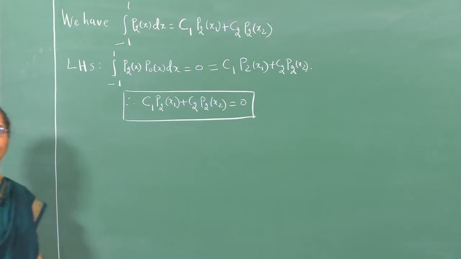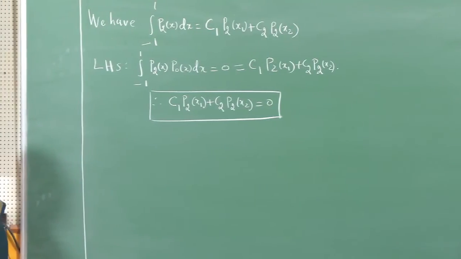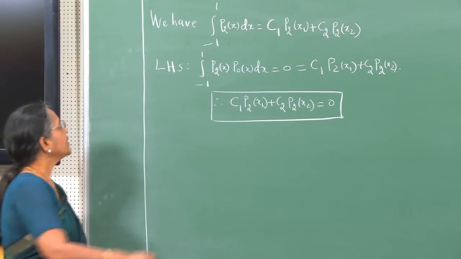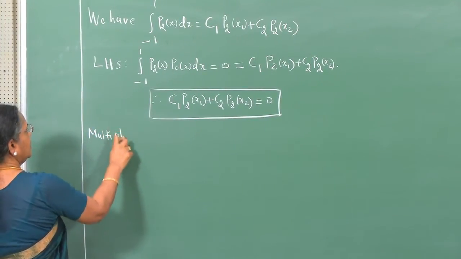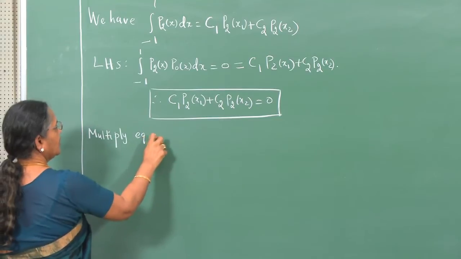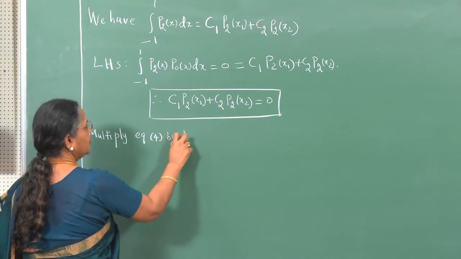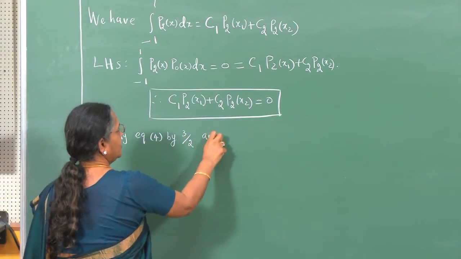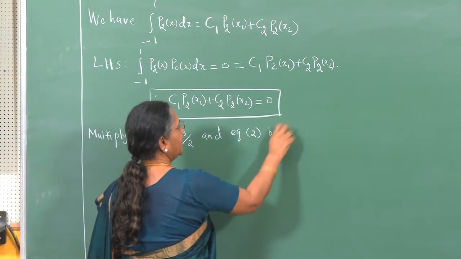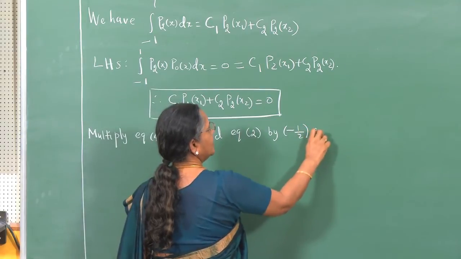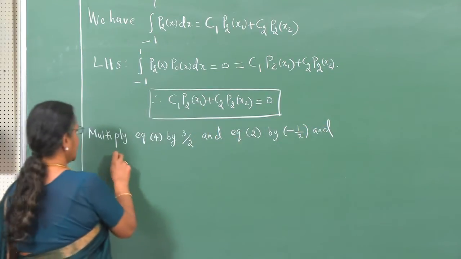Let us now derive another equation. Suppose I multiply equation 4 by 3 by 2 and equation 2 by minus half and add the two equations.